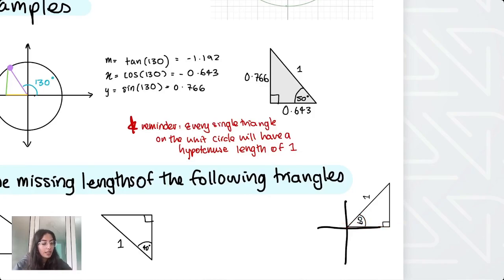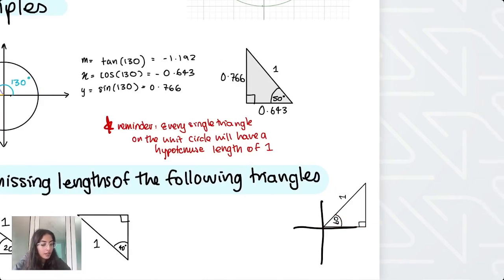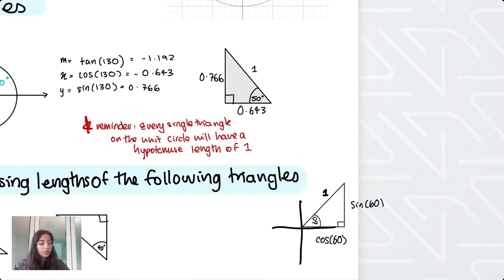Now that I've rotated it, I can find cos 60, sine 60, plug it into my calculator, and that's my answer. So can everyone do that for me, please? Cos 60 is 0.5 and sin 60 is 0.766.